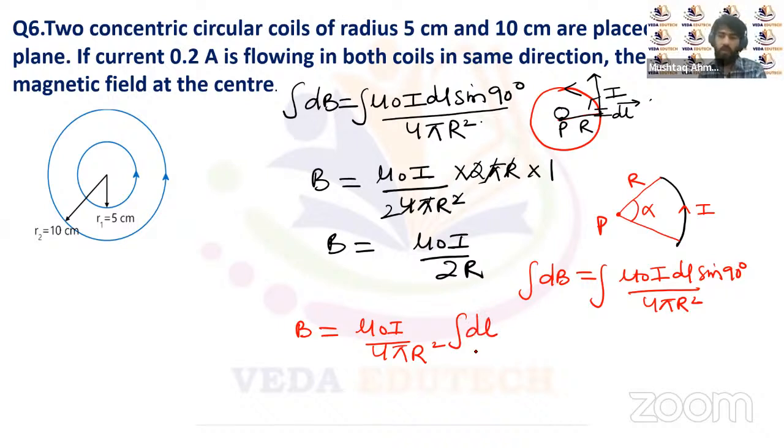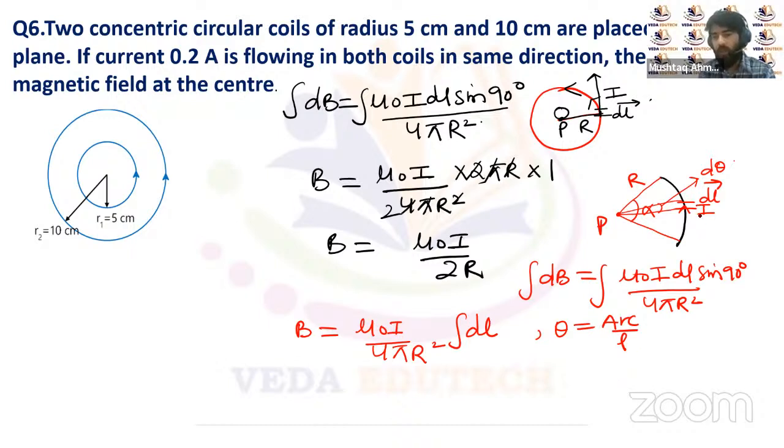Now you can see here, let's suppose we have dl length here. This is the length, and this is the radius. Let's suppose it subtends an angle of d theta here. Now theta will always be equal to arc upon the radius.